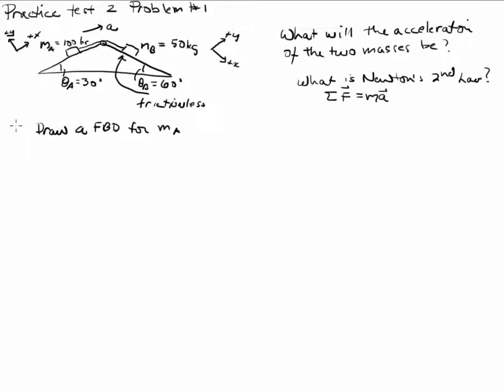So let's draw a free body diagram for mass A. As you see here, I've completed the free body diagram for mass A. I show the force of tension from the connecting rope, the normal force for mass A, and the gravitational force for mass A. Those are the forces acting on that mass.